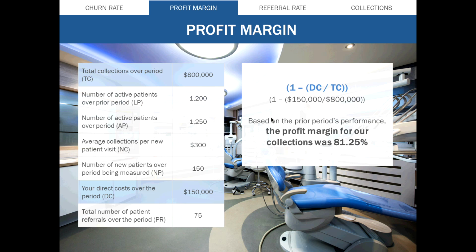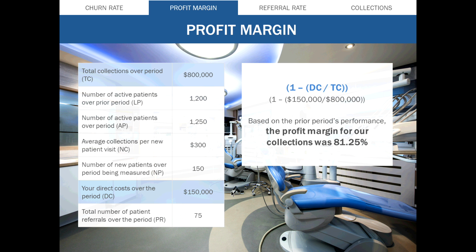The profit margin is just how profitable you are for every dollar that your patients spend on you. In this example, the practice we're using has a profit margin of 81.25%, which is a fantastic profit margin. I know there are a lot of people out there that would love to have that margin.